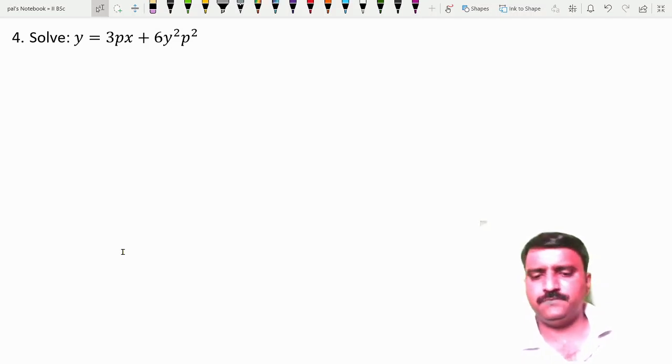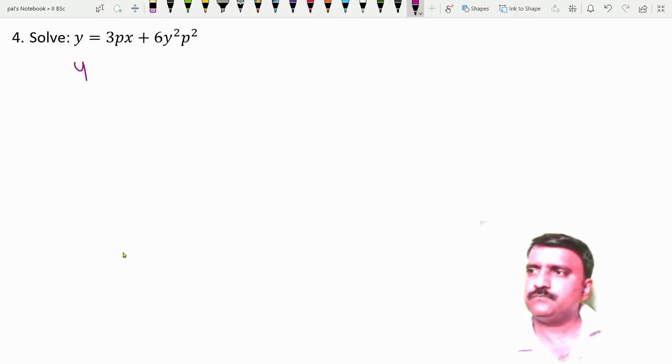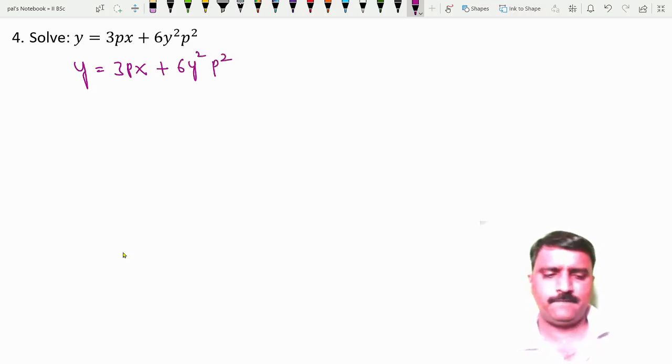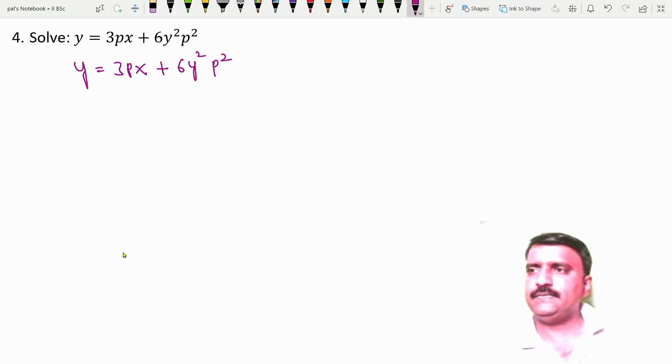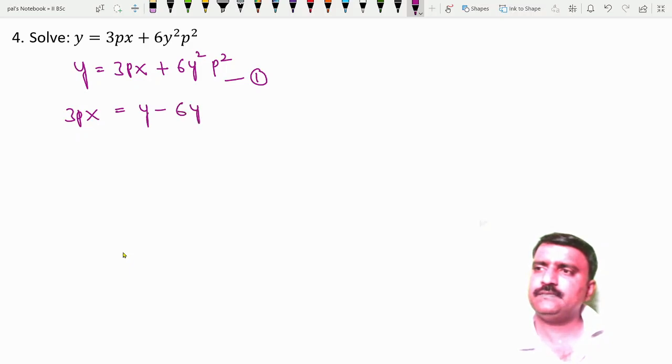You write it is y is equal to 3px plus 6y square p square, or you take this as equation 1 and write it as 3px is equal to y minus 6y square p square.